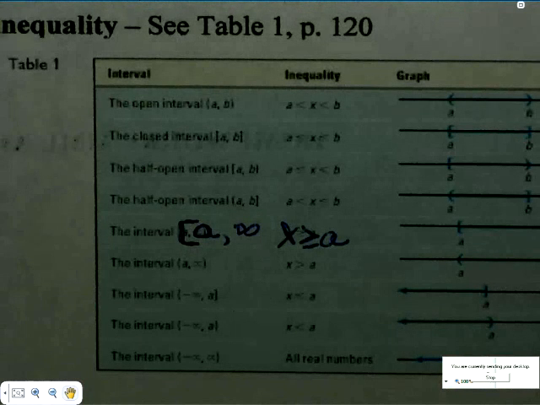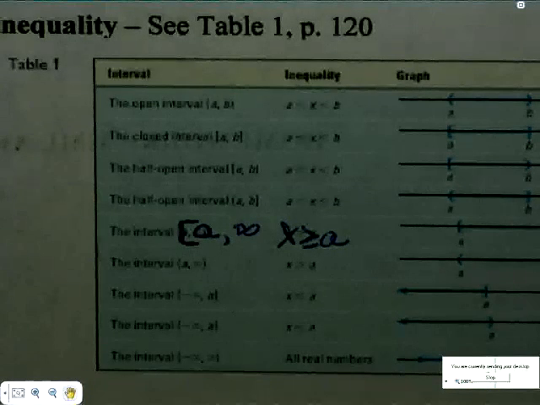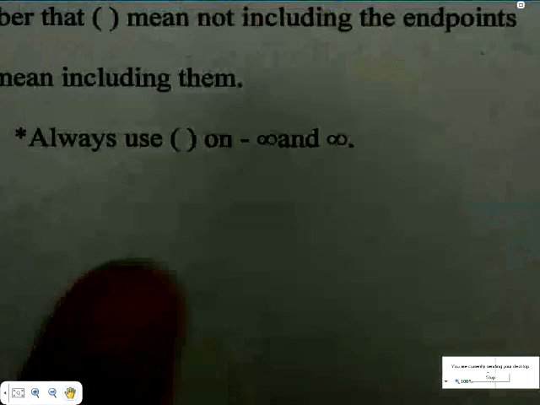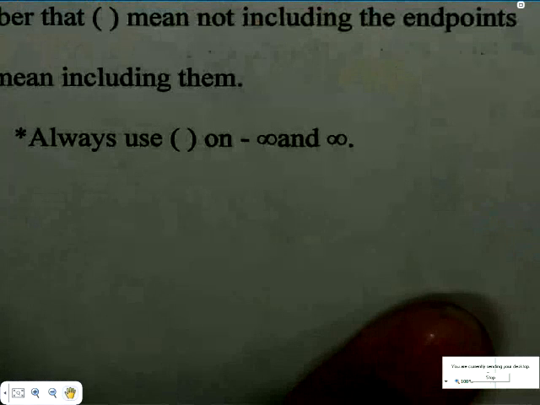But can infinity ever be included? Infinity is not a number. You can't get there and say, hey, this number is a solution. Because you can't get there and include it, I have you another note. Always use parentheses on infinity or negative infinity. So that's why this interval notation ends with a parenthesis on it.